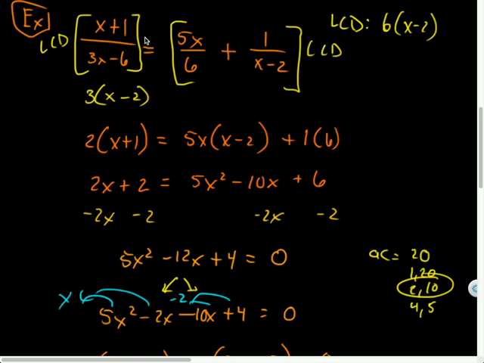Now, in a rational equation, it turns out there are some things that we don't like. There's some math rule related to division that is never allowed. Does anyone remember which rule that might be? Things that we'd have to be aware of that could possibly give us an extraneous solution?